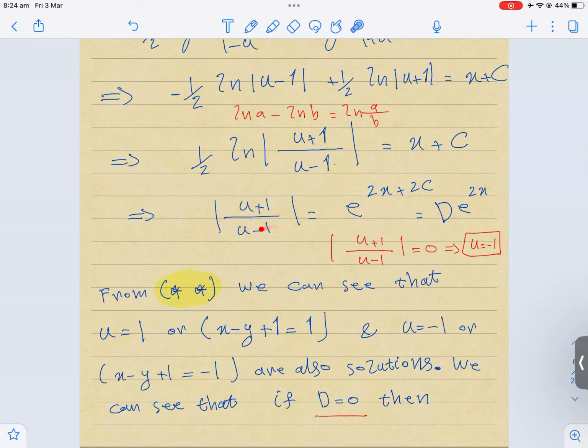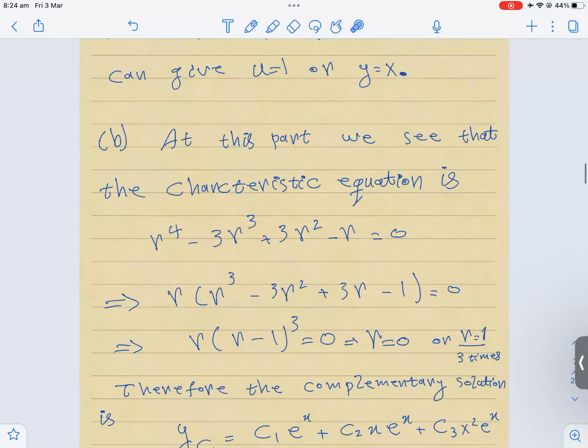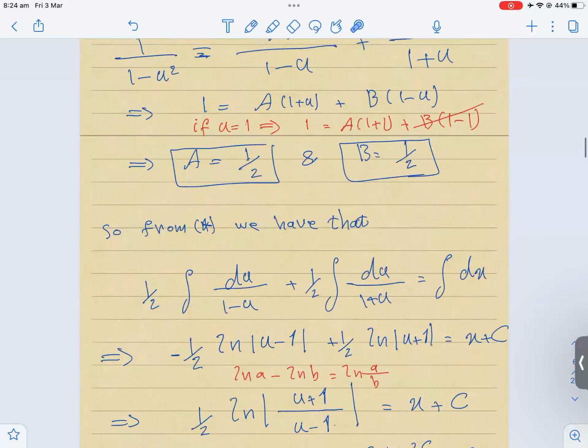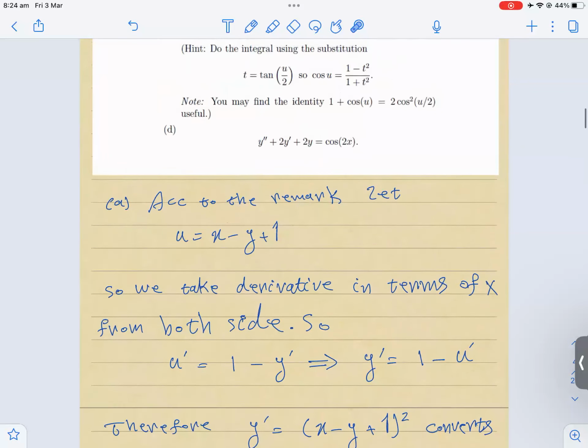One of the equilibrium solutions has not been represented by the equation that we obtained here. All right, this is the first part of question 2. Do you have a question about this?